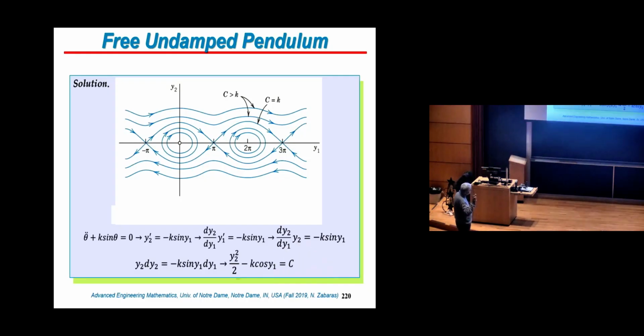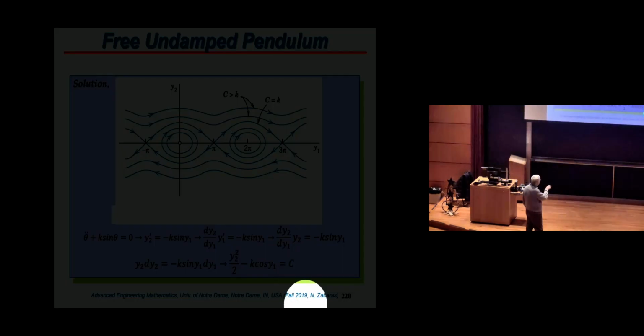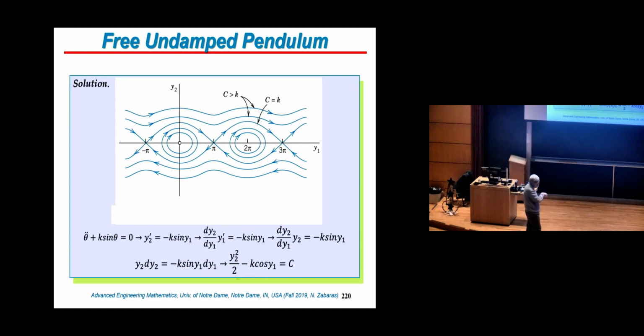to a constant. Now, can you guess, if I do the appropriate definitions, if I multiply everything by m L squared and define C appropriately, what this equation tells you? What do you think y2 squared over 2 times some constant is? Kinetic energy. And the other one is the potential energy.